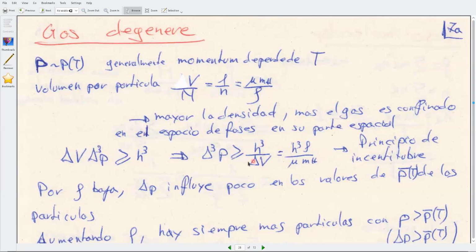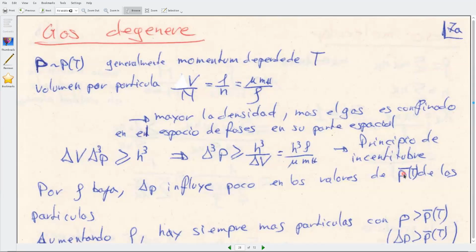And what usually happens if you have a low density is that this delta momentum doesn't mean a lot because it's really small. h is 10 to the minus 26, if I remember, something like that. So it's really small, meaningless compared to the typical value for the momentum. But if you start to pack really well, it starts to increase, and suddenly this momentum uncertainty starts to be comparable with the mean momentum of the particle.